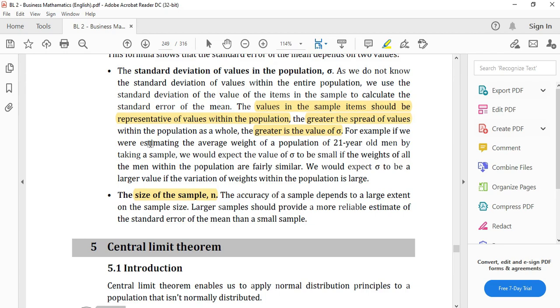For example, if we estimate average weight of the population of 21-year-old men by taking a sample, we will expect the value of standard deviation to be small, because if you are going to check the weight of your friends who are nearly your size, the standard deviation from the average will be a lesser value, because all are nearly the same weight, isn't it? Because they are saying it's all similar.